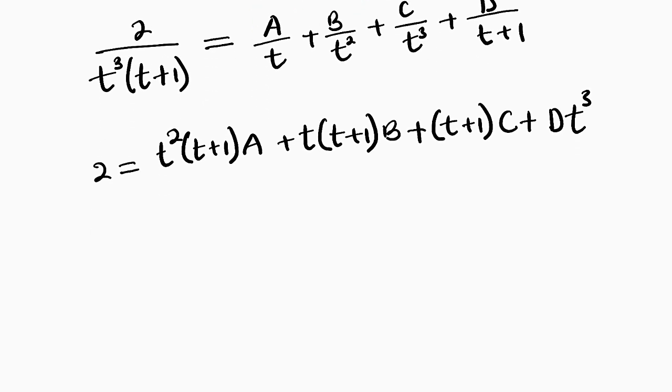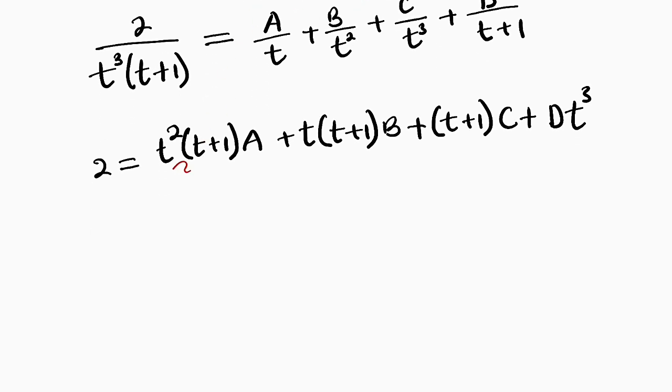Let us expand. We have t squared times t is t to the power of 3 times a is a t to the power of 3. Then t squared times 1 is still t squared times a is a t squared.